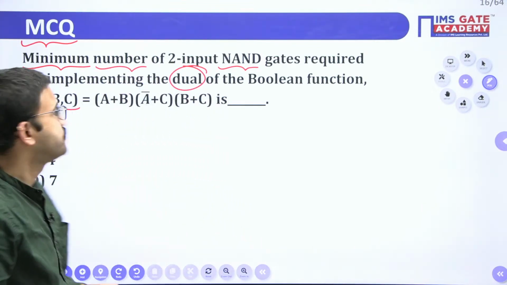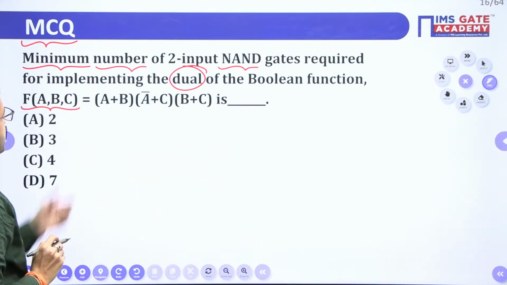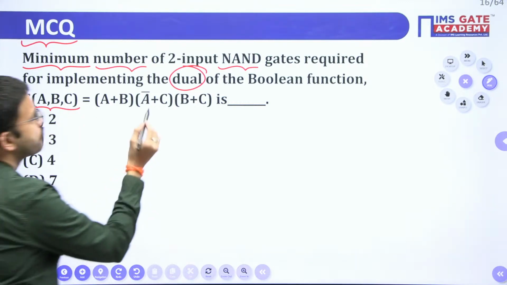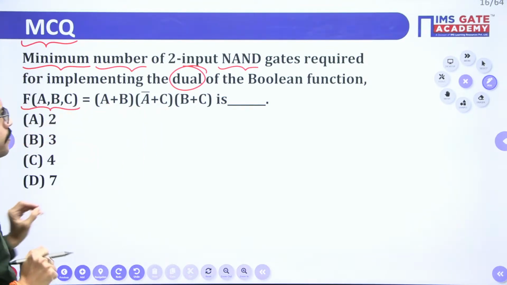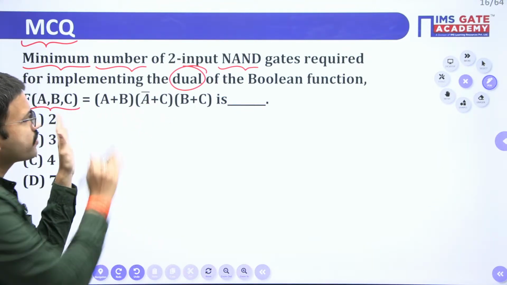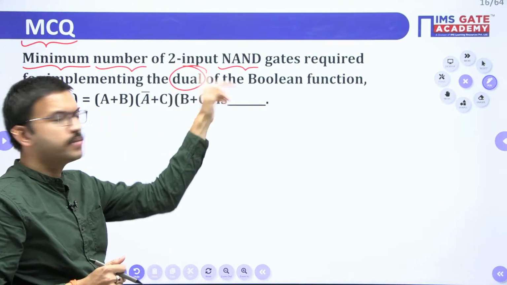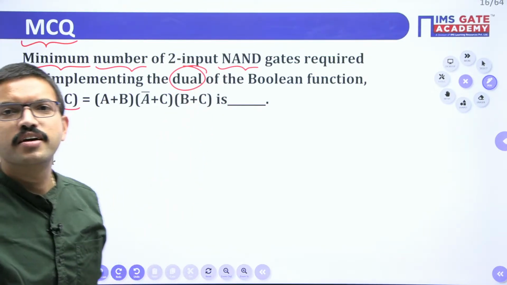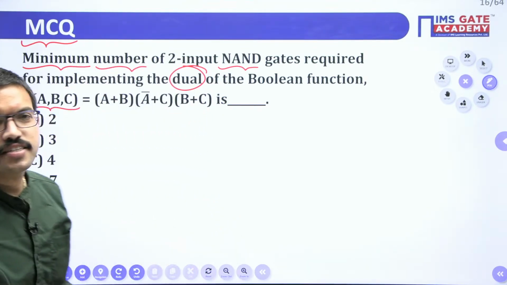Okay, right. See here, they have given one Boolean function and they are not asking for this function, but they are asking, if you apply dual to this one, for that particular function they are asking the minimum number of NAND gates, right?